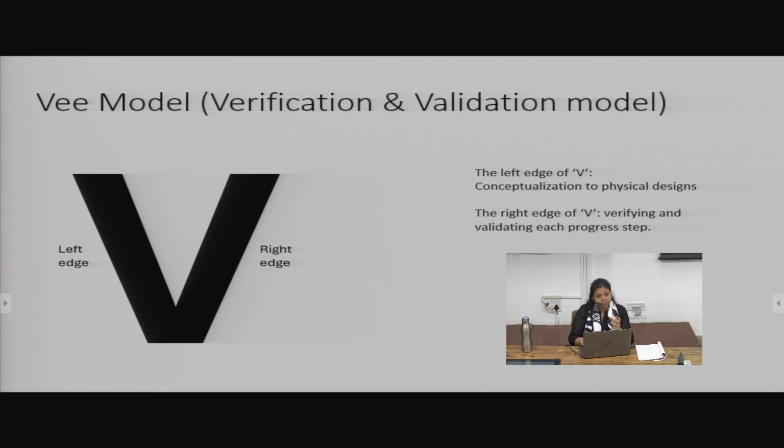But the spiral model, as I already told, is very popular in the software domains, and the V model is very popular in manufacturing systems. So this was a difference which I wanted to discuss here in this session. When you talk about the difference between software systems and manufacturing systems, the context of the target is different in these two systems.